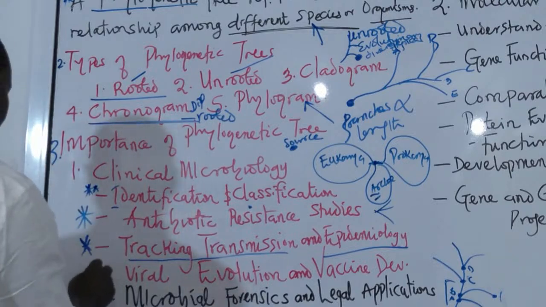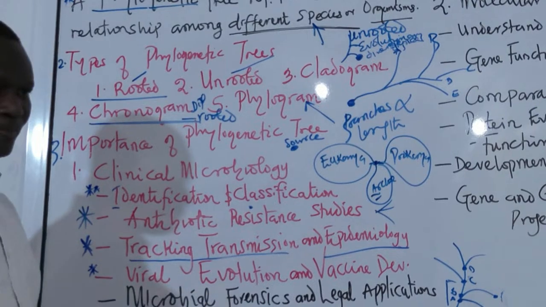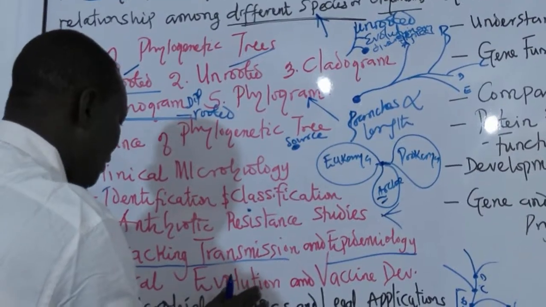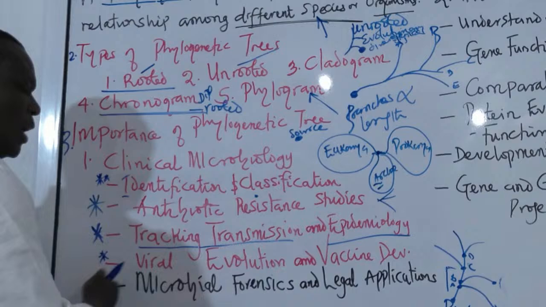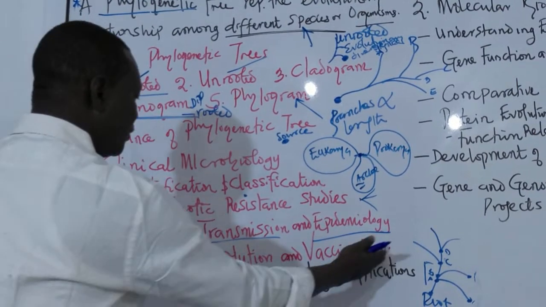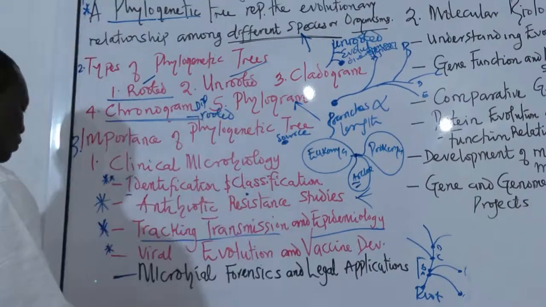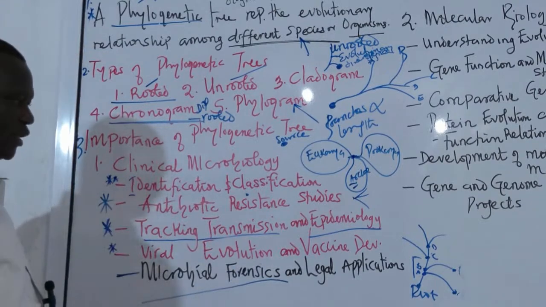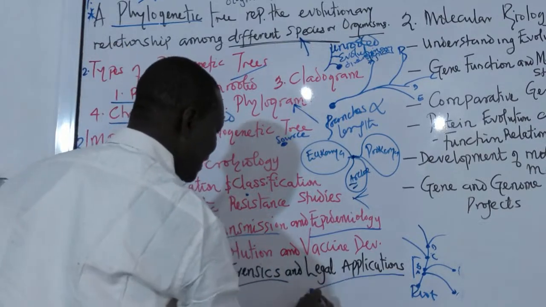Then the fourth application is that it is used in viral evolution. If you want to know how related viruses are in their evolution, you apply a phylogenetic tree to be able to know them, and also in vaccine development. The last one is that it is used in microbial forensics, microbial fingerprinting, and it also has a legal application.